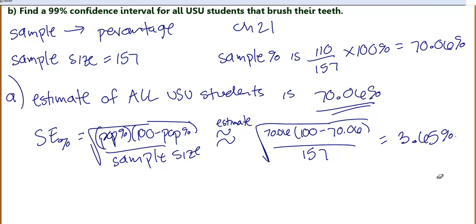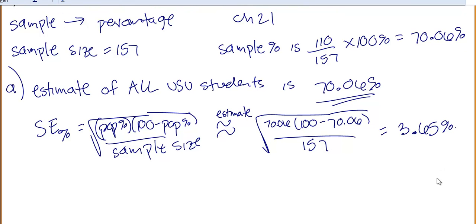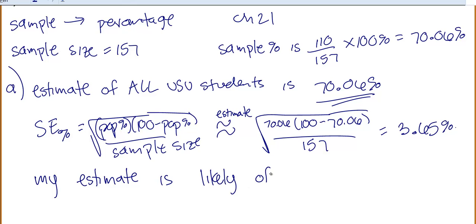Did anyone else put this in their calculator? I got 3.65 as well. Okay, you got 3.65 as well. So that tells me that my estimate is likely off by about 3.65%.